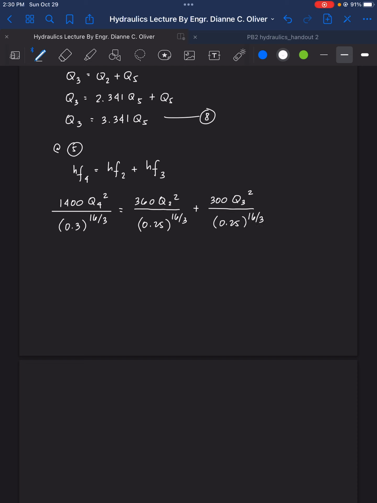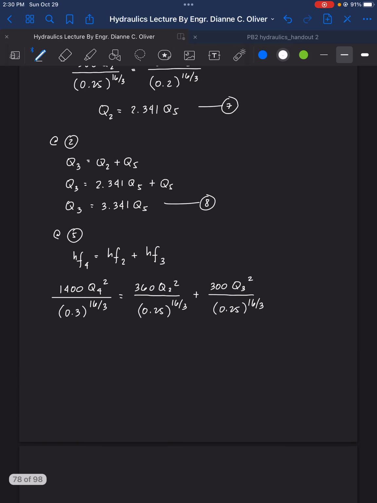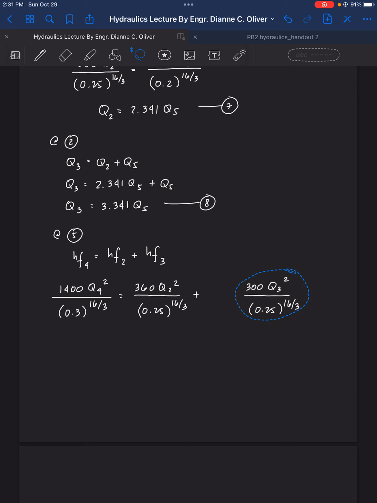Raised to 16 over 3. Now, since our Q2 is equal to 2.341 Q5, we will now substitute here the value for Q2. So our Q2 here becomes 2.341 Q5 squared.